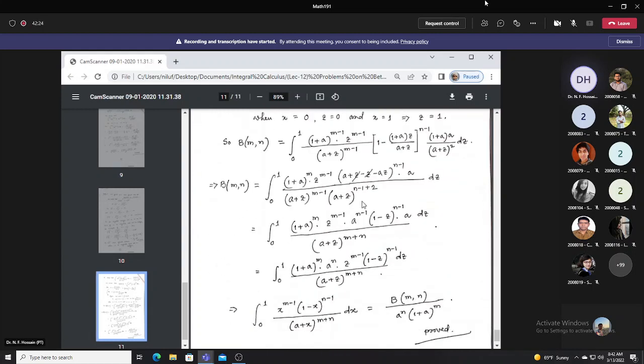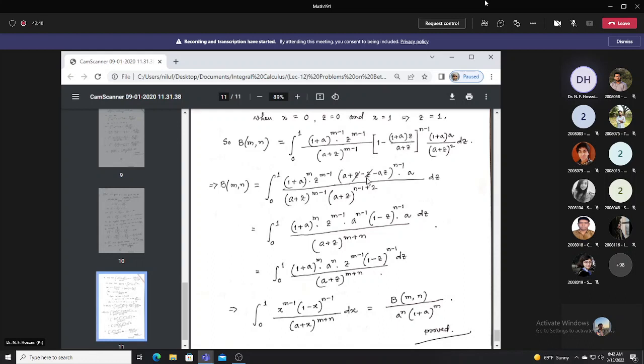Now you do the algebra. (1 plus a) whole to the power, there is another 1 plus a, so the power should be just m. And here z to the power m minus 1, and what is coming here? a plus z, LCM is a plus z, and here a plus z minus z minus az.